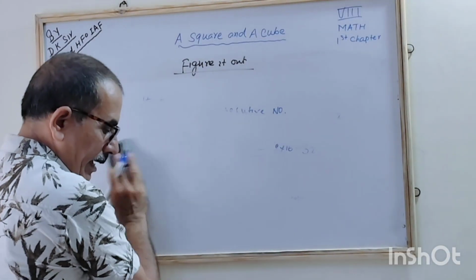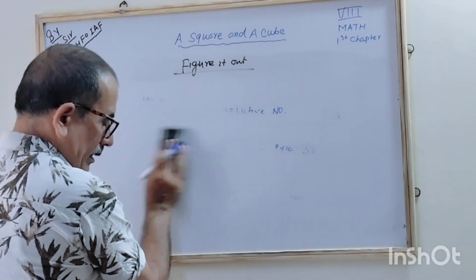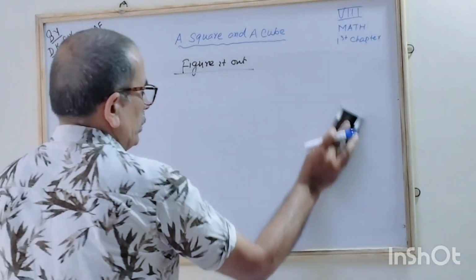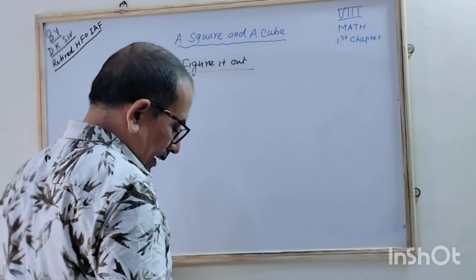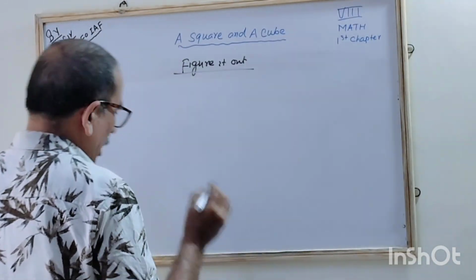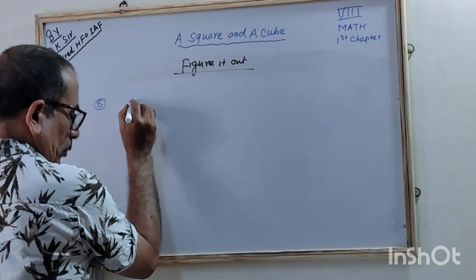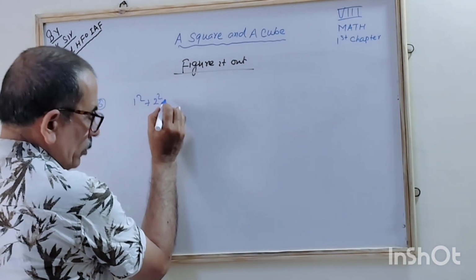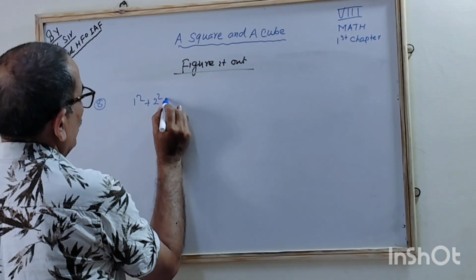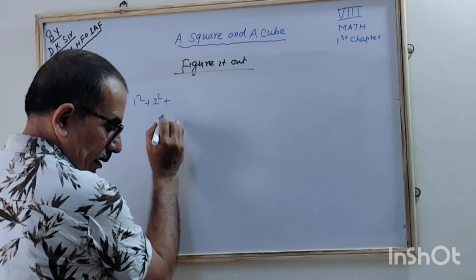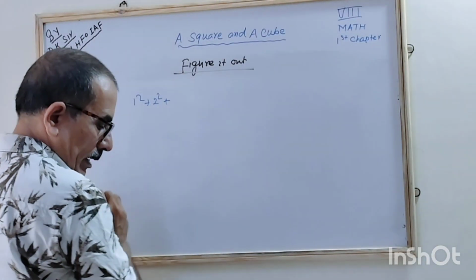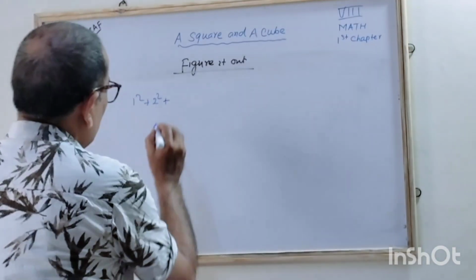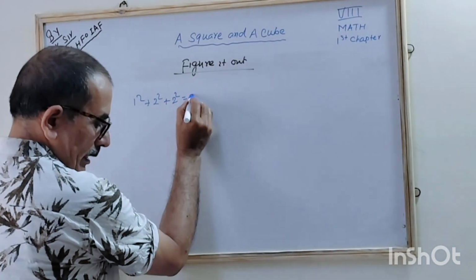The next are question numbers 8 and 9. Two more questions are there. How to solve question 8? If the question is given like this, 1 square plus 2 square, then plus 2 square equals 3 square.